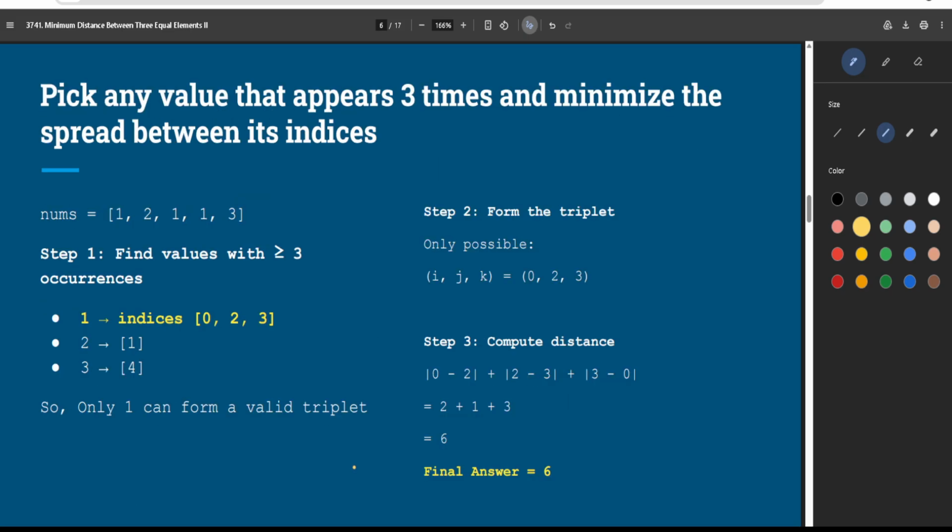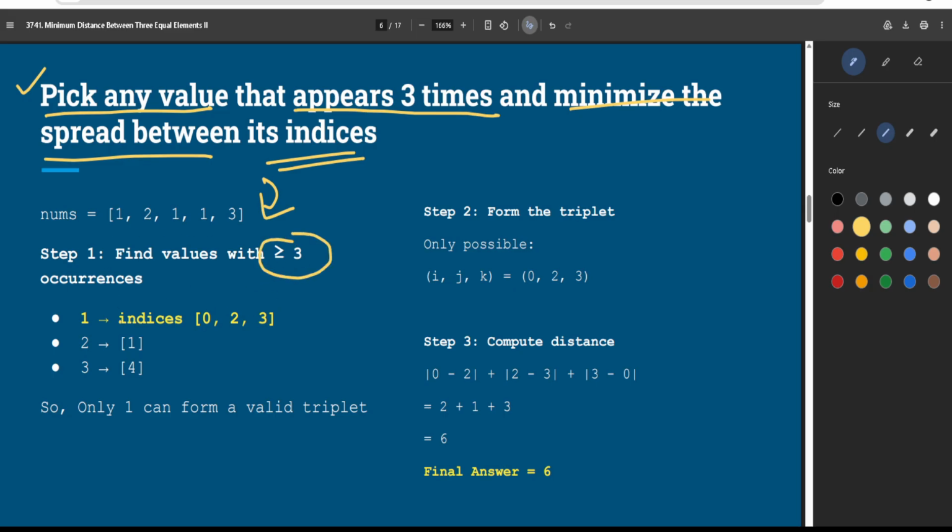Understand? Let's understand further. The intuition says: pick any value that appears at least 3 times and minimize the spread between its indices. So if the nums given here are 1, 2, 1, 3, like that, find which value has greater than or equal to 3 occurrences.